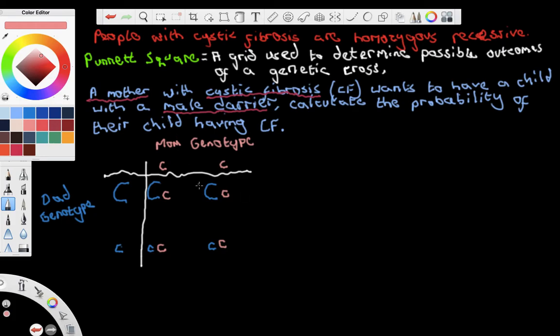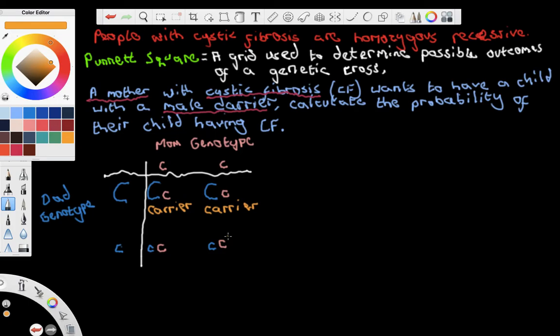So these are carriers. So their genotype would be a capital C and a lowercase c, but their phenotype would be that they are carriers. So this one would be a carrier, and this one would be a carrier. These 2 at the bottom have only got lowercase alleles.